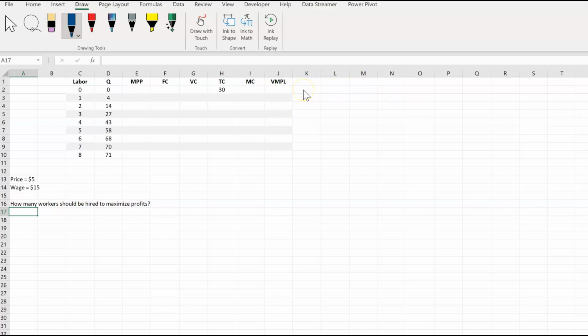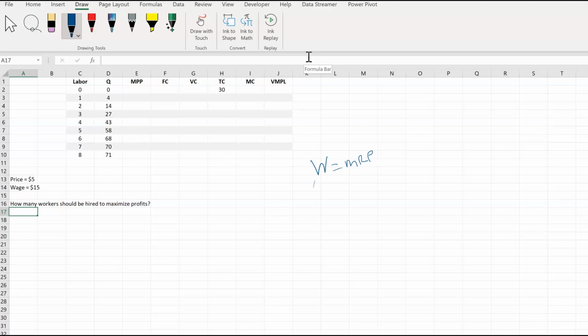Okay, so let's do it. First, the profit maximization rule is going to be wage equals MRP. And in this case, we're using VMPL.